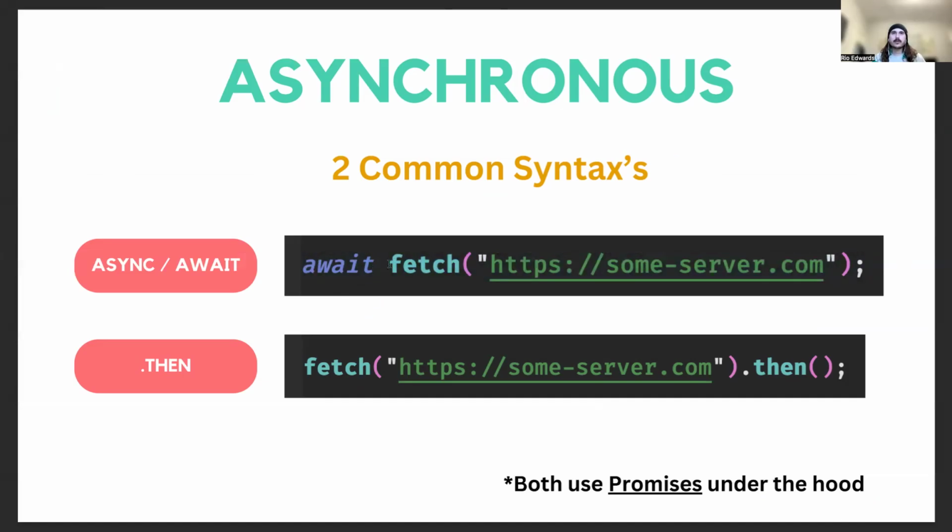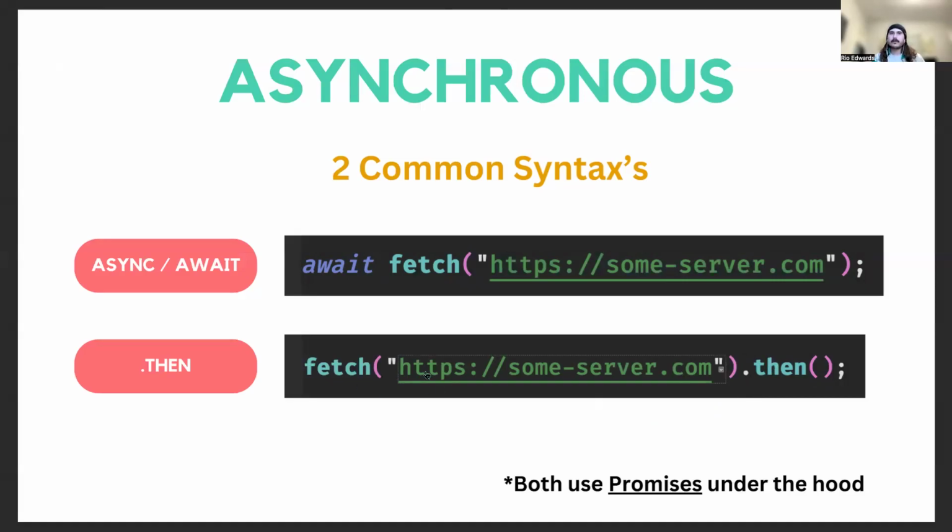So anytime you use fetch, you have to either await it or do this .then thing. Today we're going to be doing .then. .then is kind of the old way of doing it. I think async and await are a little bit easier, but we're going to be using .then just because that's what the lesson asks for.